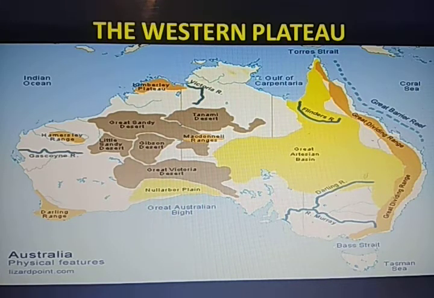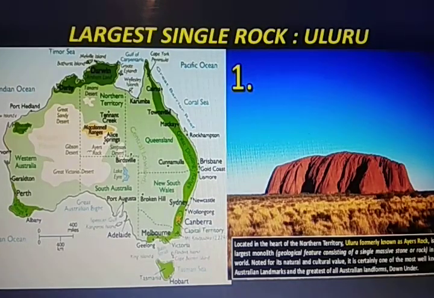As I told you, we will also get the world's largest single rock in this Western Plateau, which is known as Uluru. It is generally found near Alice Springs, roughly in the center of Australia.